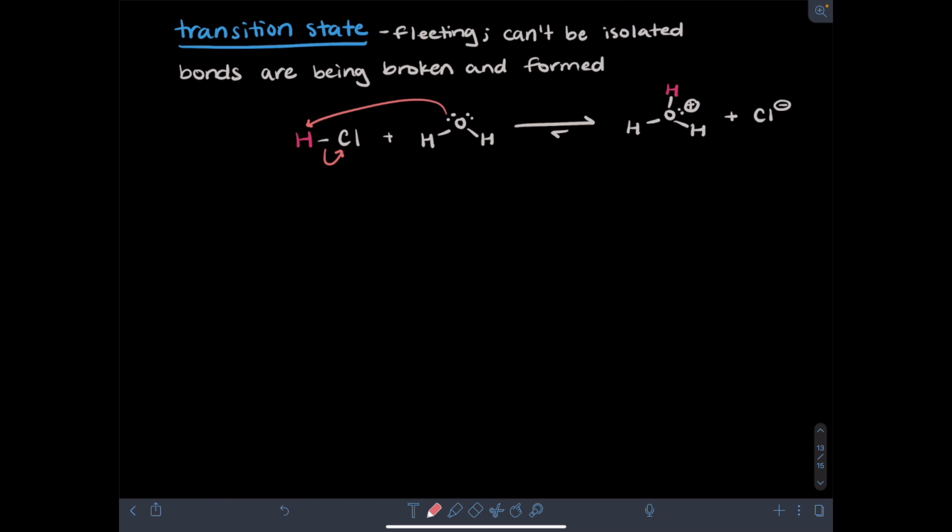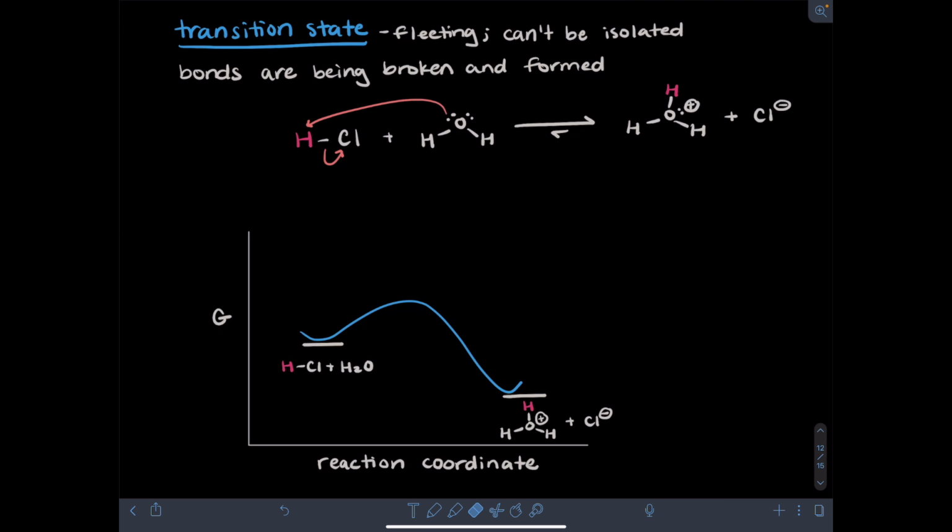The products here are favored because HCl is such a strong acid compared to H3O+. On a reaction coordinate diagram, I would show the products, H3O+ and chloride, as lower in energy than the reactants, because the product side is favored. Because this reaction occurs in a single step, I have a single barrier between starting material and products.